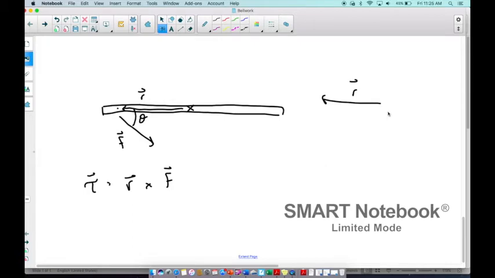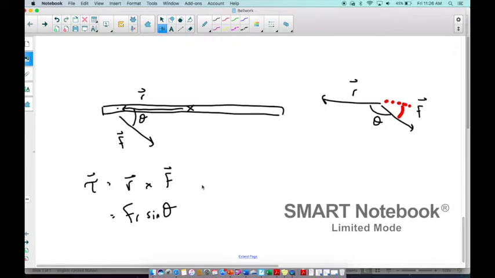Hopefully you guys are getting the hang of this. There's the angle between them there. Whichever angle I use doesn't matter. I'm going to get FR sine theta. Once again, if we want to check the geometry on that, this angle right here would show up right here, and of course that's just 180 minus theta, and the sine values are the same for those.